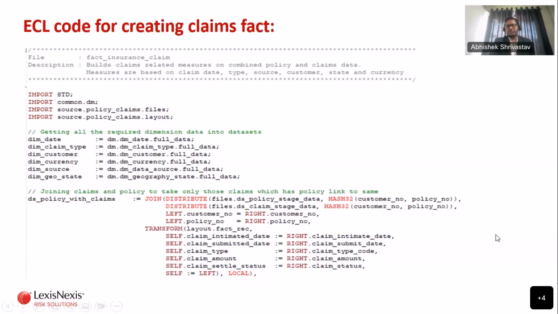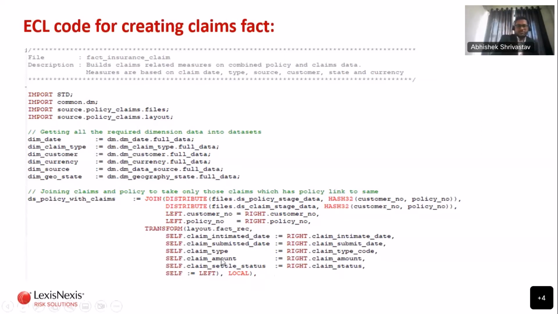You have seen that we are using the customer number and the policy number for the data distribution, with a hash function on top of it, and we are using the same columns for joining as well. The sequence matters as well. Whenever we do this sort of distribution, I have to maintain the same sequence in my joining conditions as well. Then my join is going to perform faster.